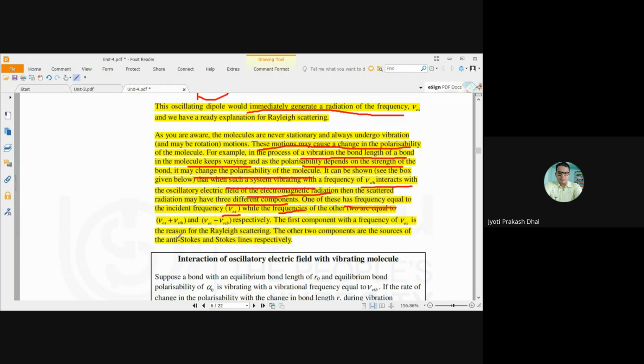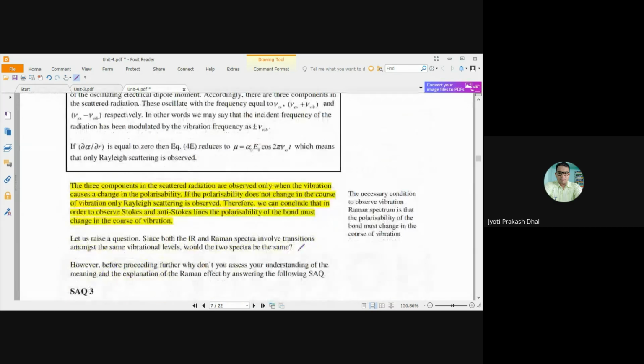Another one has frequency more than the incident frequency, that is nu ex plus nu vibration, and that is due to anti-Stokes lines. And the other has lower frequency, nu ex minus nu vibration, and that is due to Stokes lines. So this is the classical theory of Raman effect.